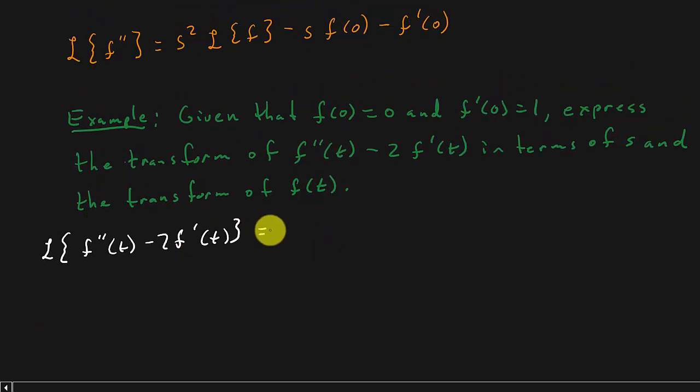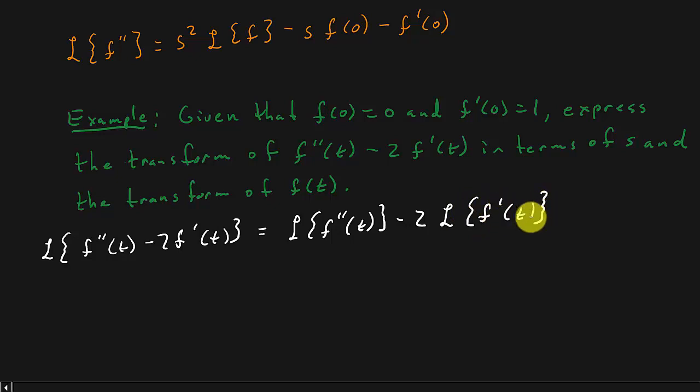Well, remember, we can write this as the Laplace transform of f double prime of t minus 2 times the Laplace transform of f prime of t. Okay, so all I did is I took this, I split it up, and I pulled the 2 outside. Okay, now this is equal to, well, what's f double prime? Well, that's this.